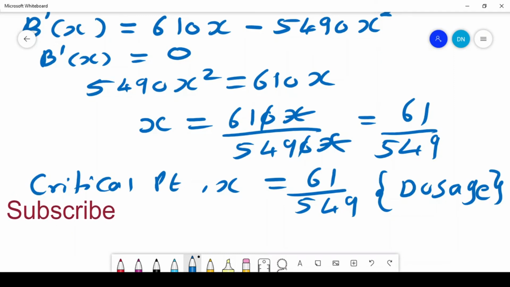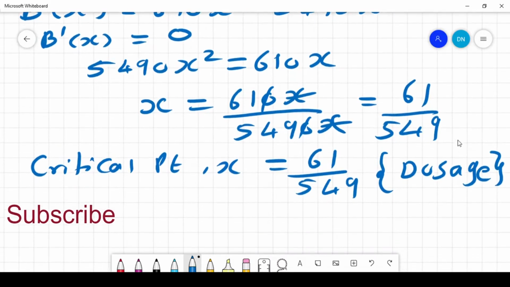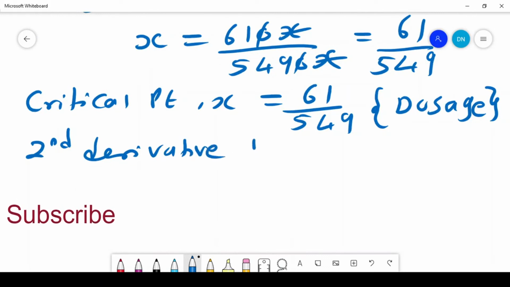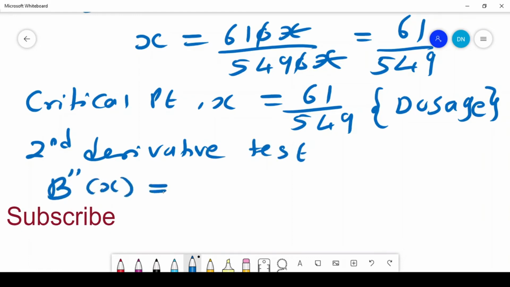Now let's find out if actually this is the maximum. How do we get the maximum? We test. So we are going to differentiate our B two times. We have differentiated the first time, and this time it gives us 610 minus 10980x.